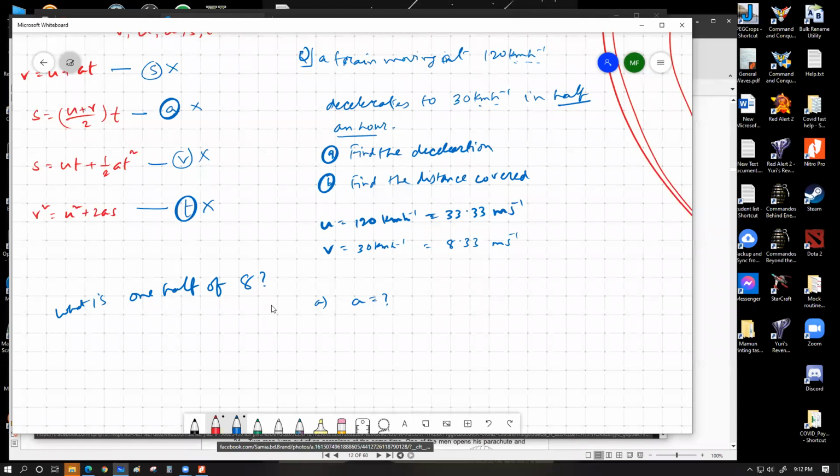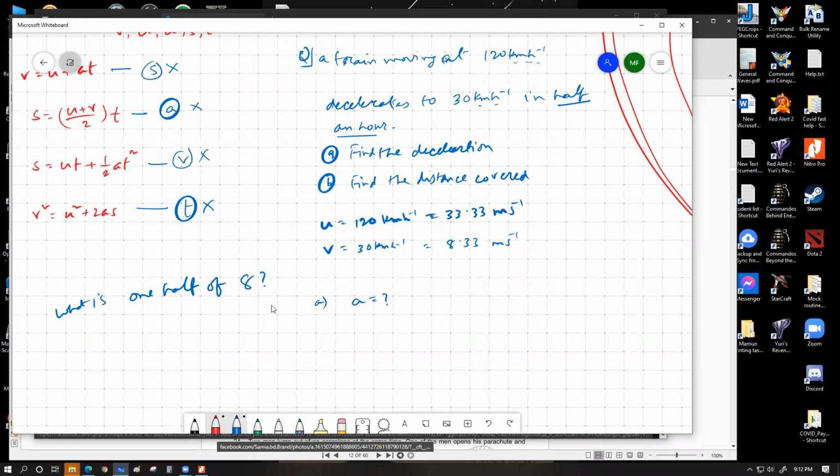Four. If you're sure it's 4, I really appreciate that, because it is actually 4. 1/2 means half. 1/2 does not mean 1.5. So don't mess with that.